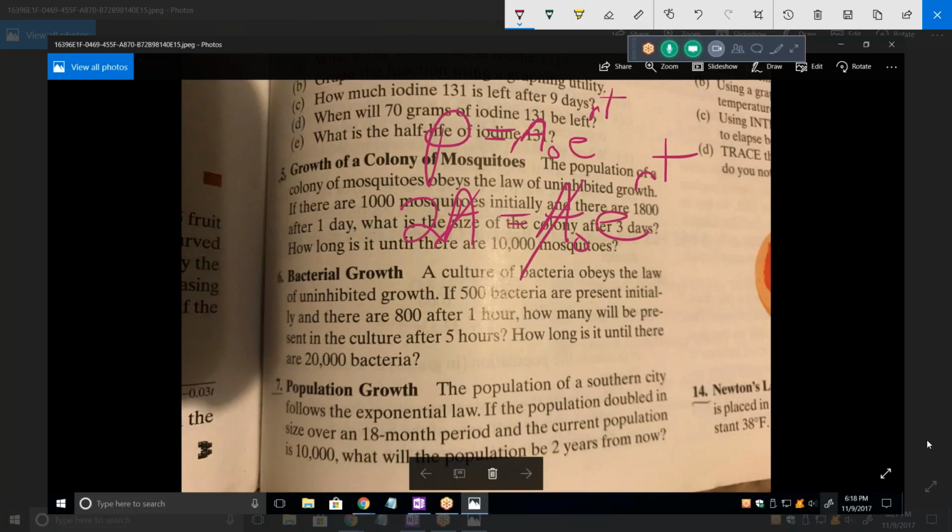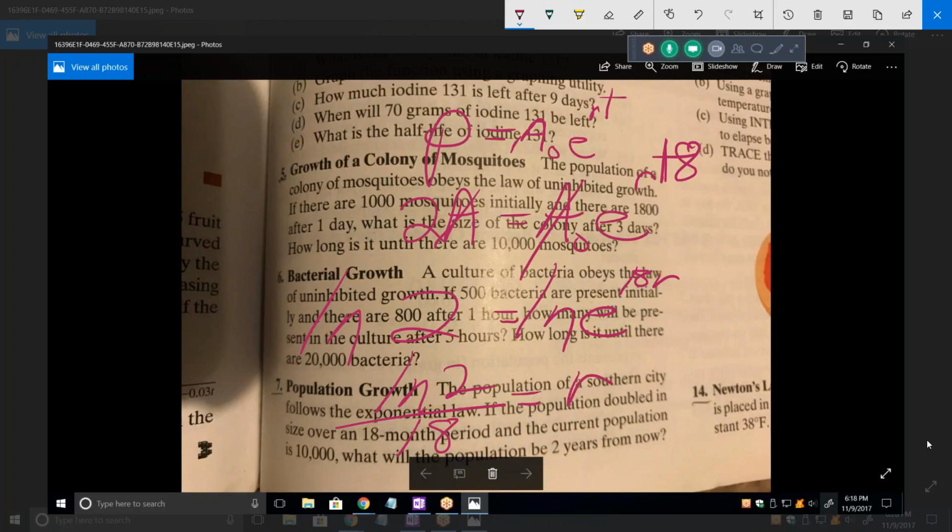Now I know that it doubled in 18 months, so if I make t 18, I've got 2 equals e to the 18r. Natural log of both sides, and I get natural log of 2 divided by 18 equals r.